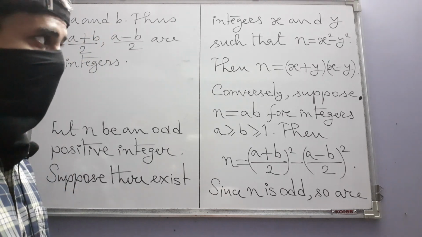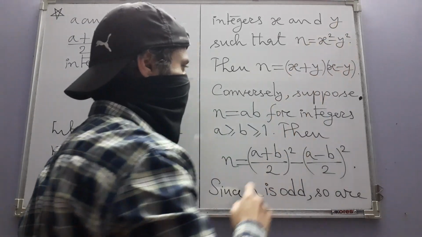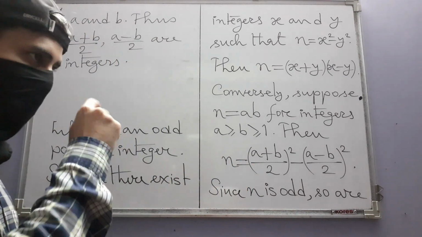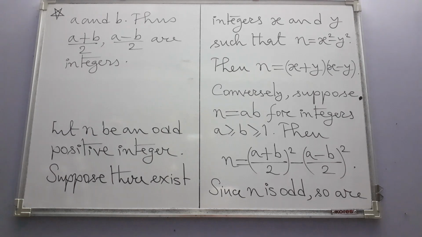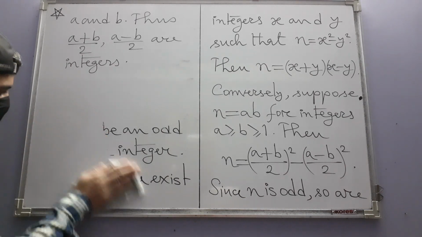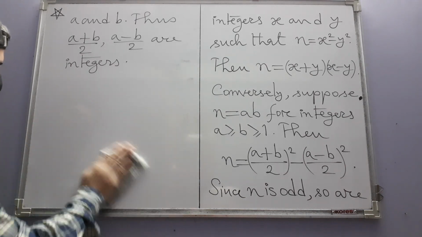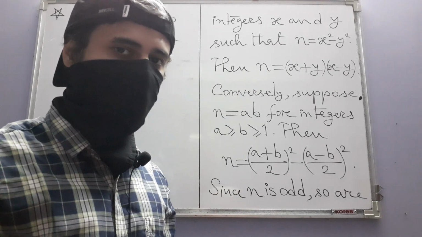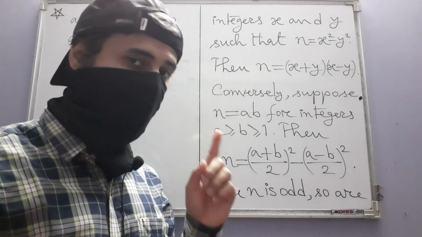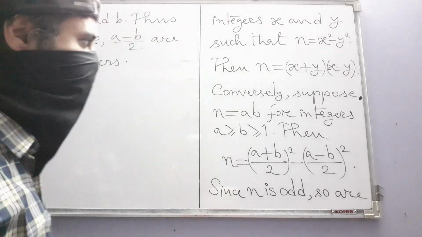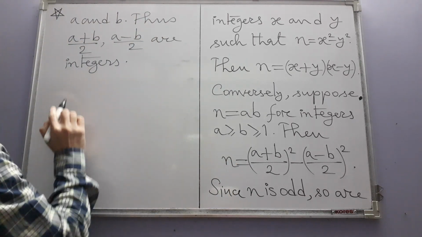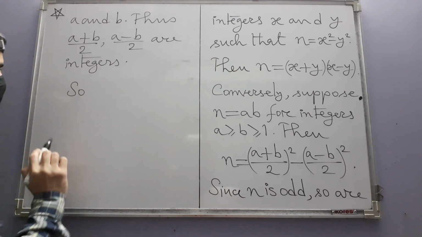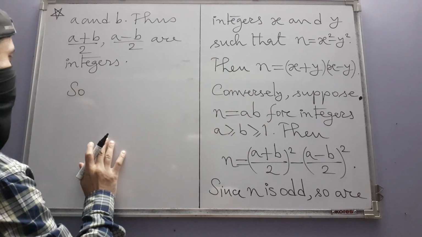Okay, and how do we use this thing to find factors of n? That is the next question. So this is where we next see how we can use this discussion to find factors of n which are non-trivial if n has such factors. So in fact, let's just write this in words.